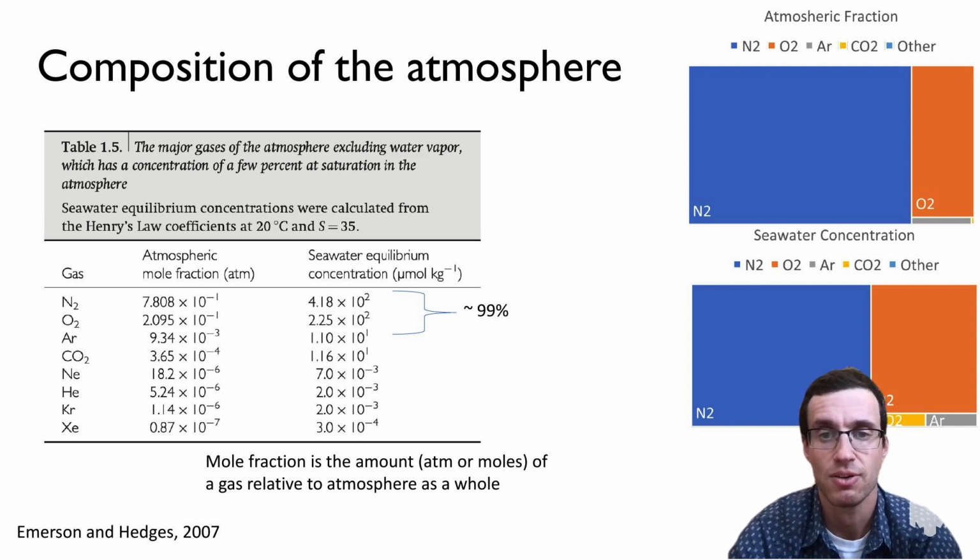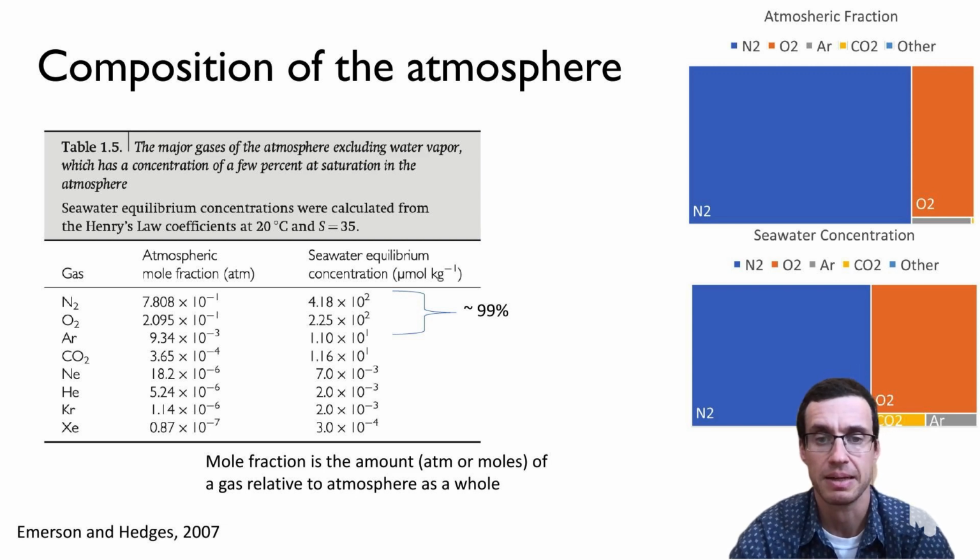What that means is for one atmosphere, which is standard pressure, 78% of the atmospheric gas pressure is due to nitrogen. And then when that equilibrates with the ocean, you have something like 420 micromoles per kilogram of nitrogen in the ocean.